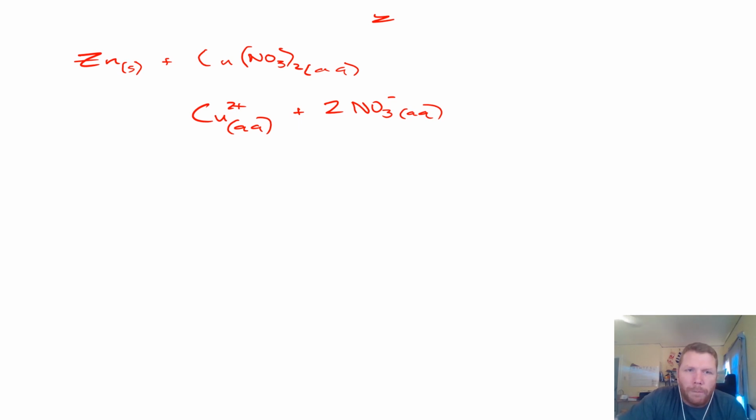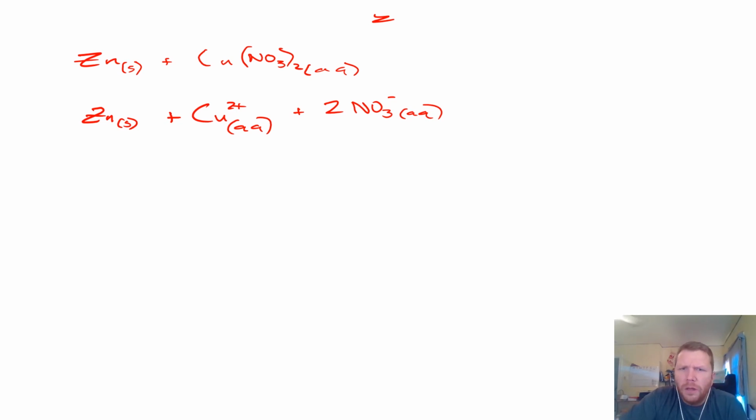Now we're going to combine that with Zn solid. So when you think about what's happening here, you've got one zinc atom, or those 10 grams of zinc atoms, and they're going to come in contact with the copper ions and the nitrate ions. Now, the question is, what's happening?